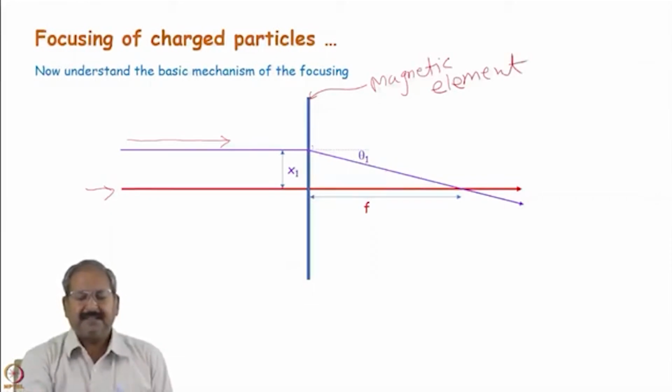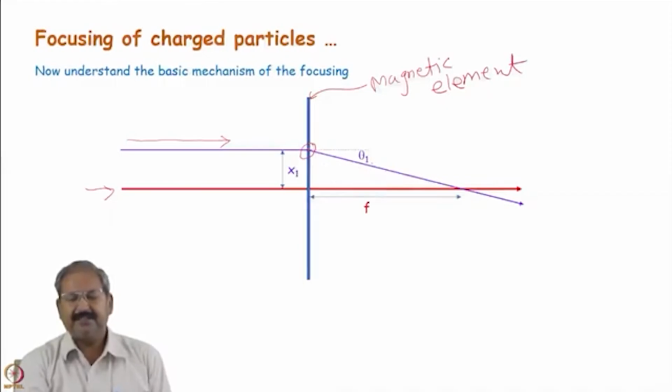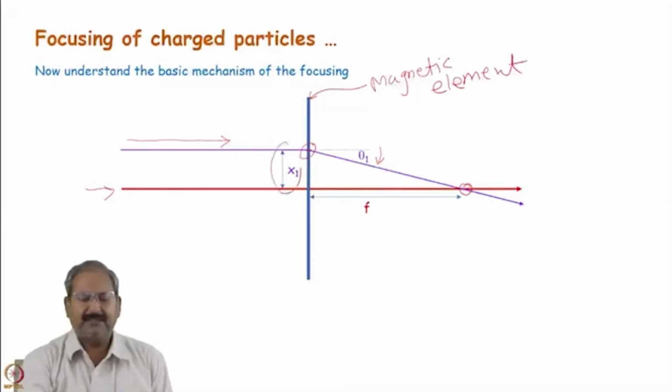When it passes through this magnetic element, the magnetic field and length of this element generate a bending theta 1 in the trajectory, and the trajectory passes through this point. Here the deviation of the particle trajectory from the design trajectory is x1.